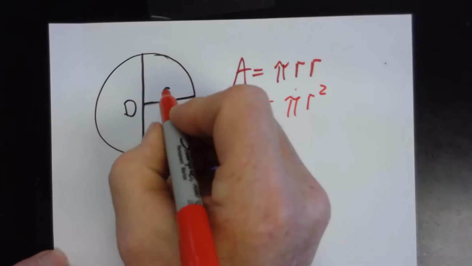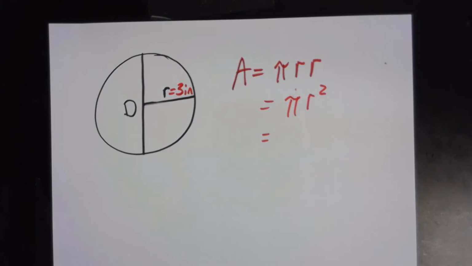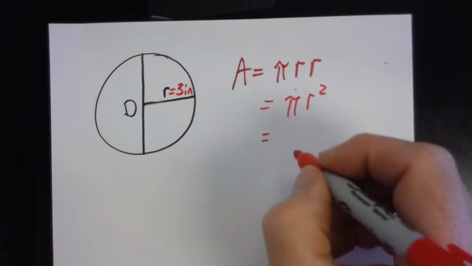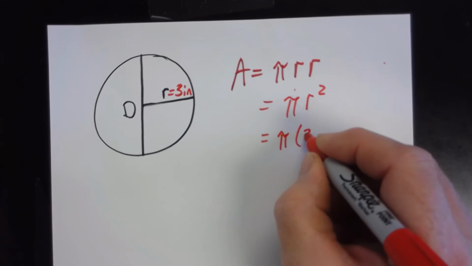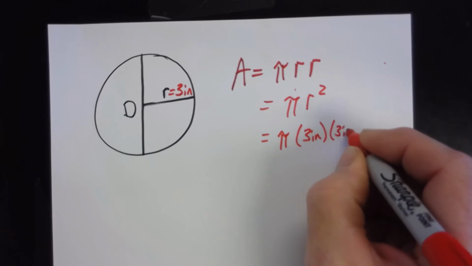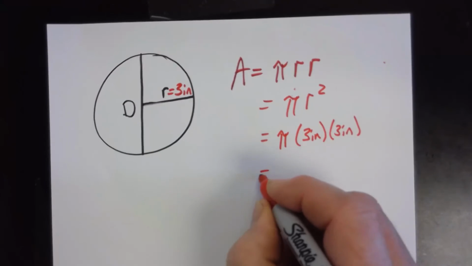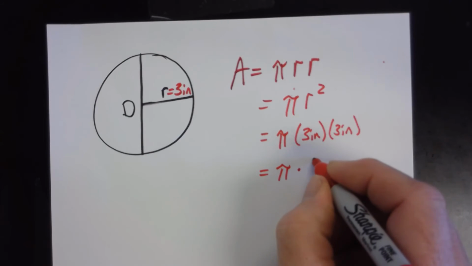If I tell you the radius is, I don't know, 3 inches, can we do this? Pi times what? 3 inches times 3 inches. Okay, well that's pi times, what's 3 times 3? 9.